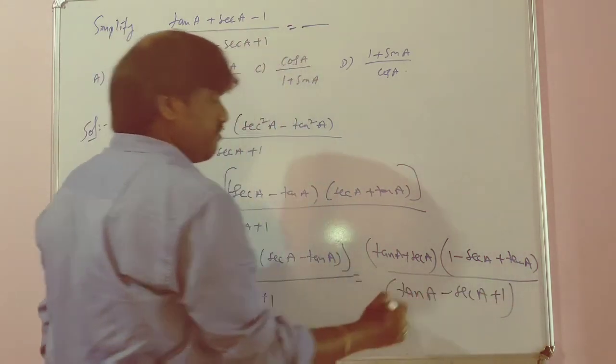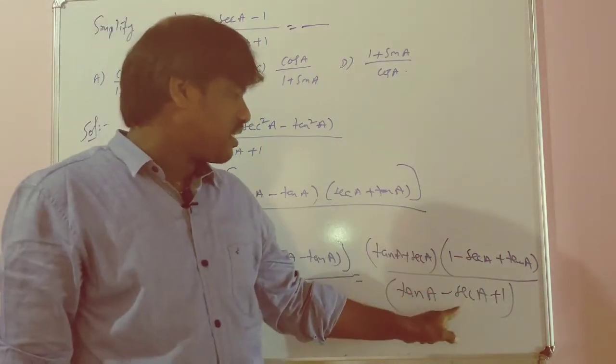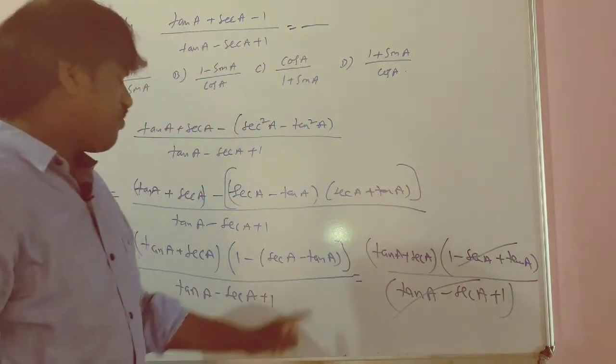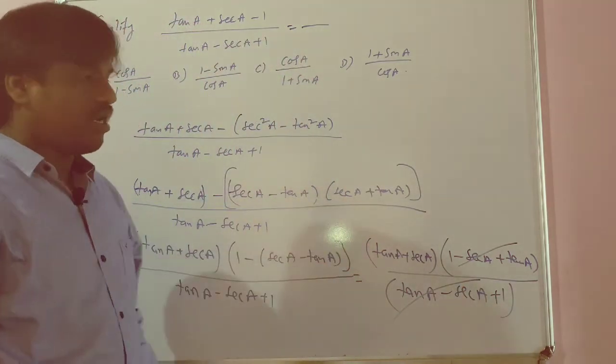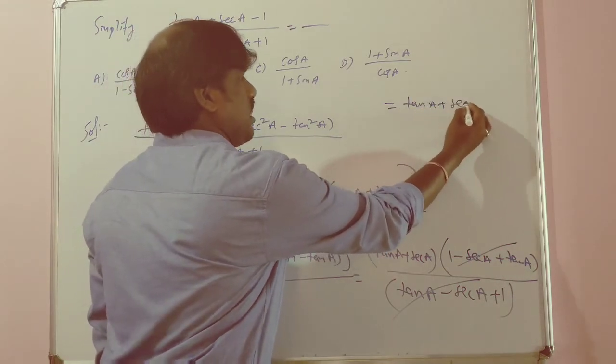So what you can see here is that the bracket and tan A minus sec A plus 1 are the same, so they cancel out. Finally I got the format, that is tan A plus sec A.